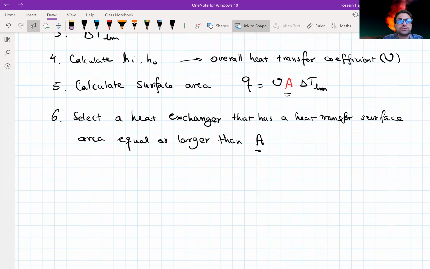Then it all goes back to the economics, whether we can afford the heat exchanger that we have.